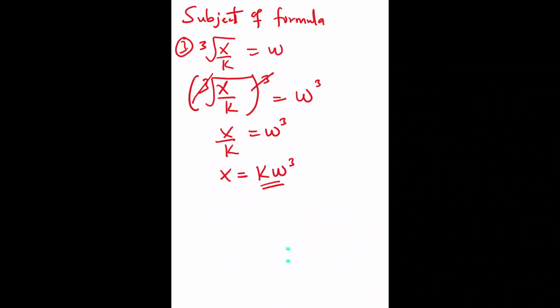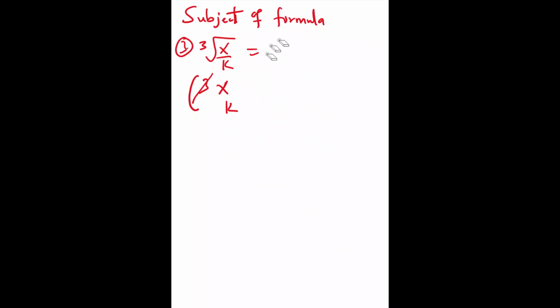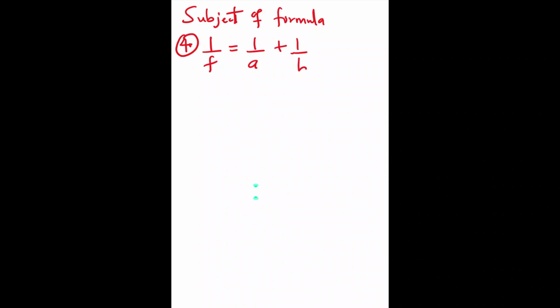Okay. So I'm going to do number 4. We have 1 over f equals 1 over a plus 1 over b. This equation is kind of similar to the equation for finding the focal length. So let's make b the subject of the formula in this one.